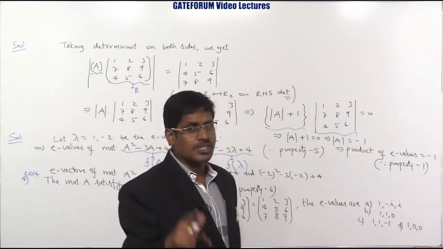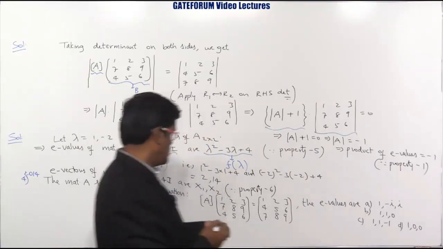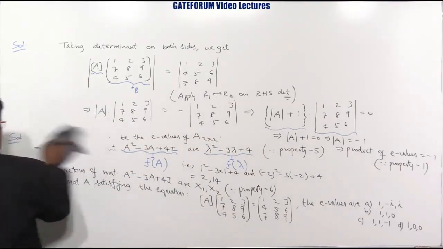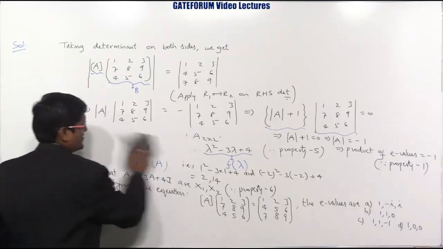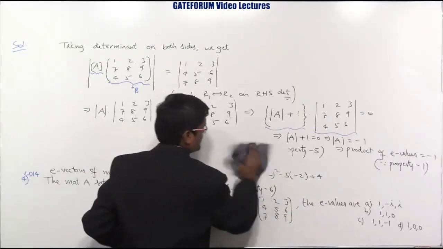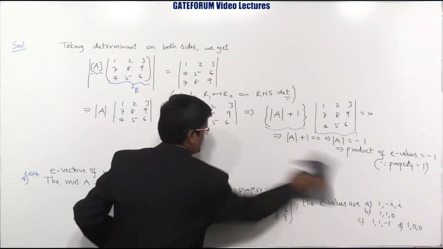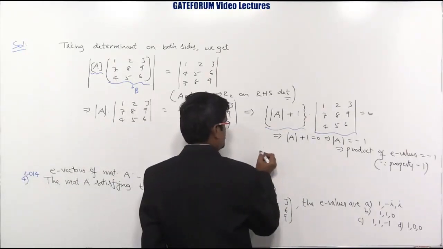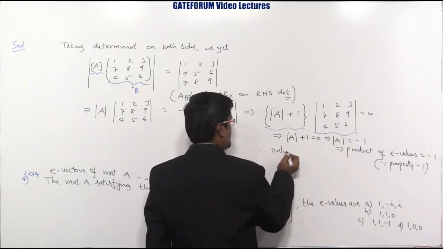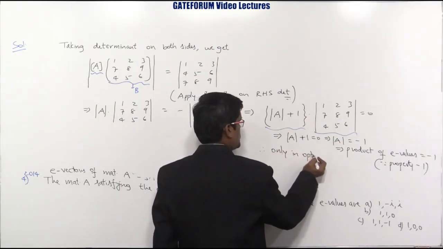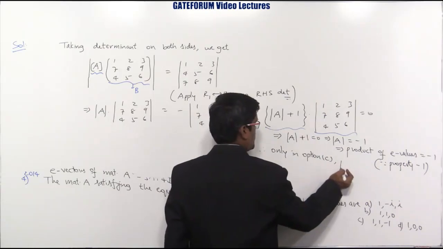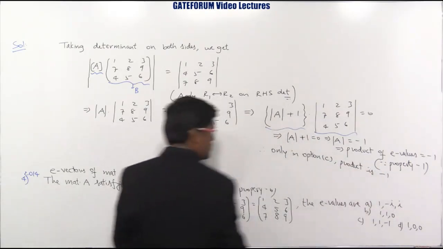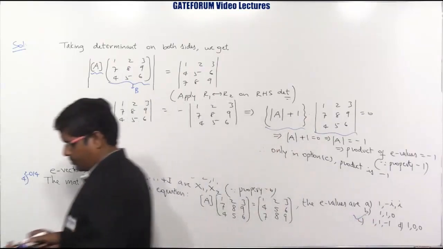Whichever option satisfies product equal to minus 1 is the answer. So our conclusion: only in option C the product is minus 1. So the answer is option C.